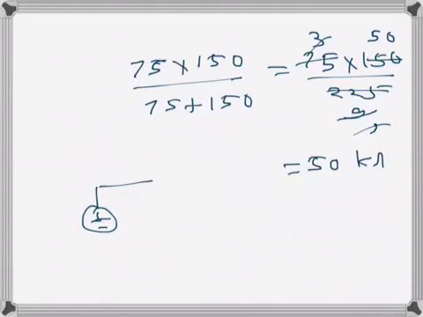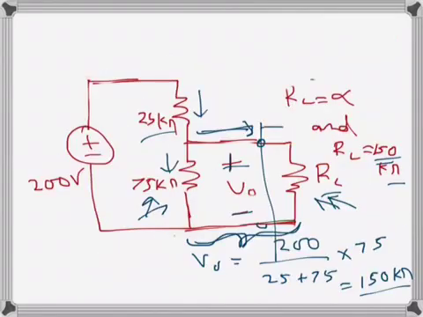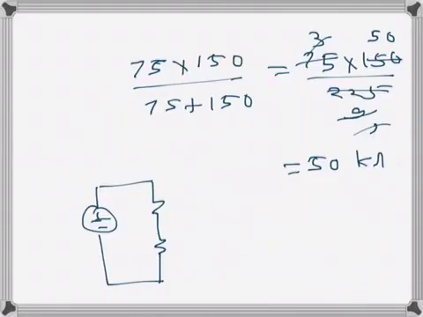We couldn't have done this if we had to find the current through this branch, but in this case we have to find the voltage across these two elements, which is the same. So 25 kilo ohms now and 50 kilo ohms, and this is 200 volts as before.